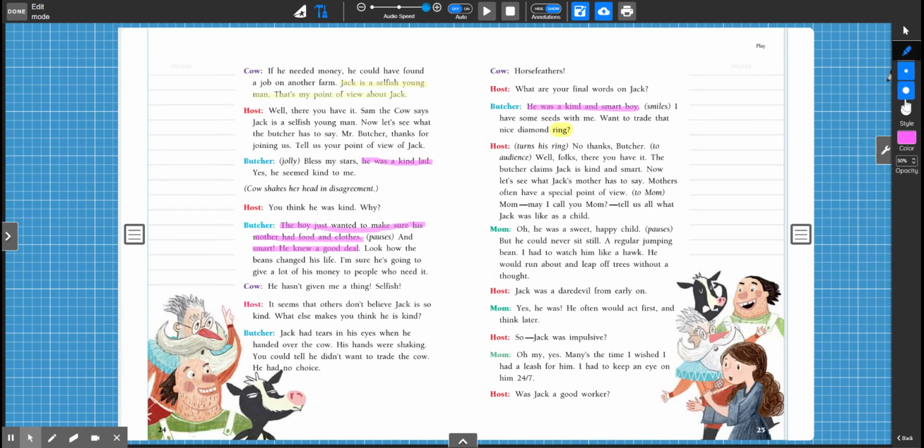So go ahead and grab your Jack color highlighter. And we are going to highlight what Cow said on page 24. He hasn't given me a thing. Selfish. All right. So Cow thinks he's selfish. Butcher thinks he's kind and smart. Now we're going to find out what the mama thinks.